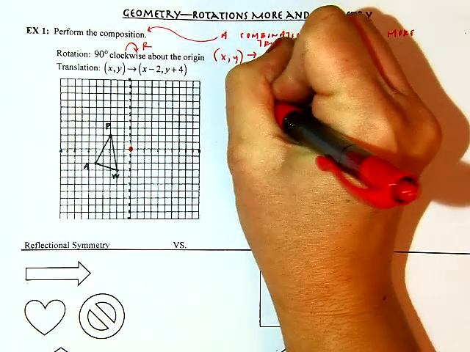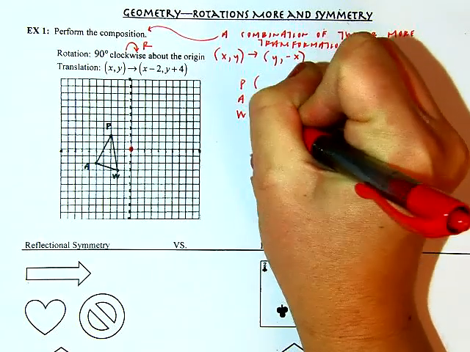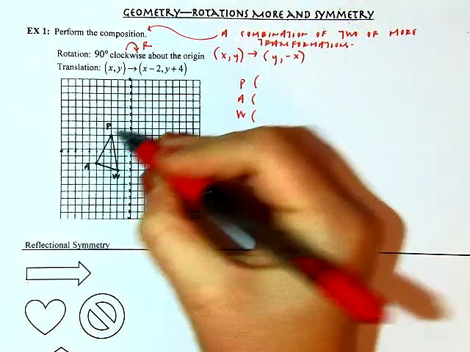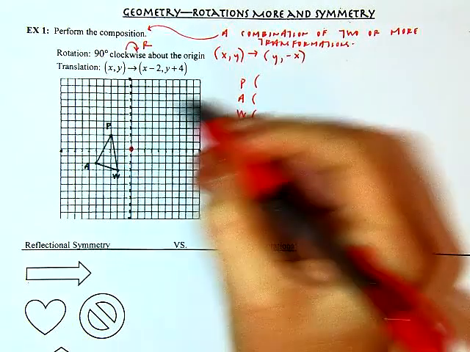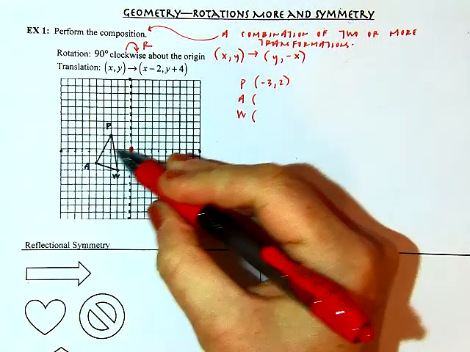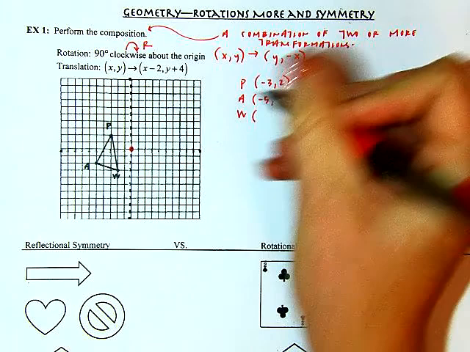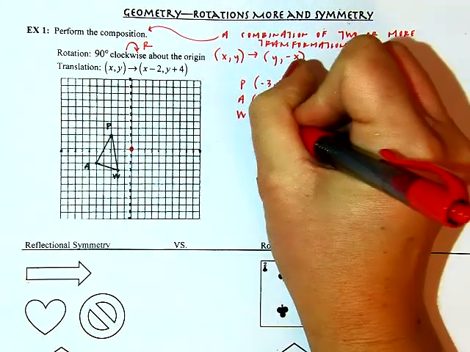Let me transfer P, A, and W, those points, onto my paper. So P is at negative 3, 2. A is at negative 5, negative 2. And W is negative 2, negative 3.